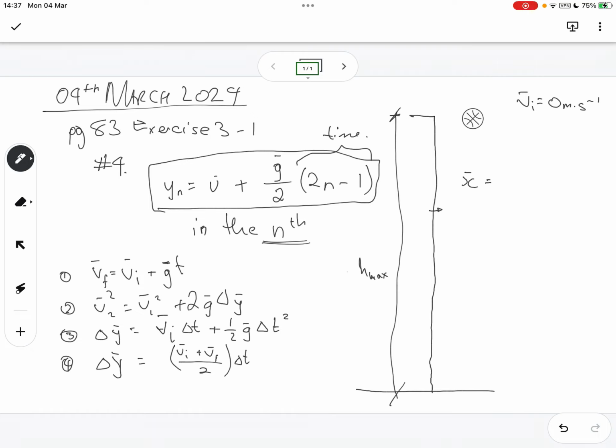If we look at displacement equals... is there a formula for displacement equals velocity plus half times acceleration multiplied by time? Isn't there a formula like that? It's similar to this.